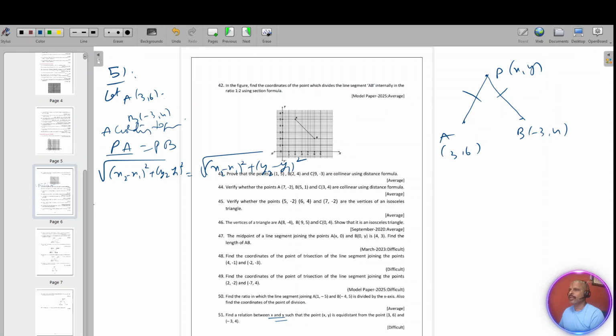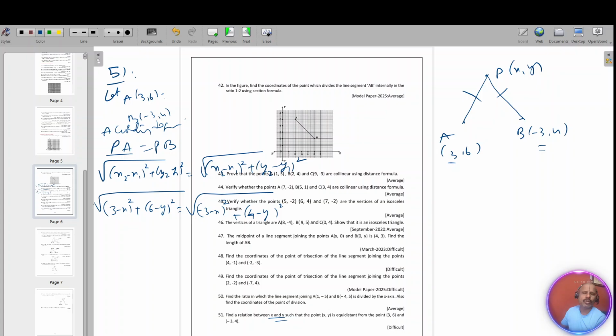So it becomes the square root of (3 minus x) whole square plus (6 minus y) whole square, equal to, similarly, the square root of (-3 minus x) whole square plus (4 minus y) whole square. Understood why I did not write x1, y1, x2, y2? Because when you apply PA, A becomes x2, y2, and when you apply PB, B becomes x2, y2.